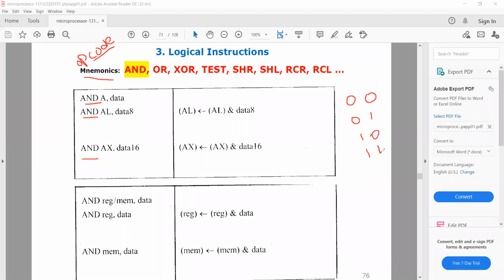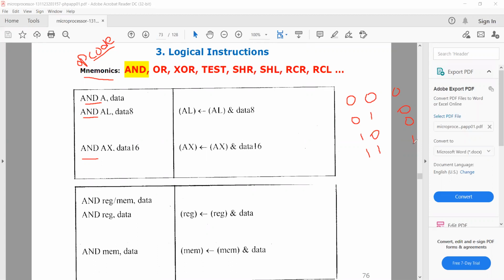For any input being 0, the output will be 0. You get the output value as 1 only when all the input values are 1. That is the truth table of the AND operation.